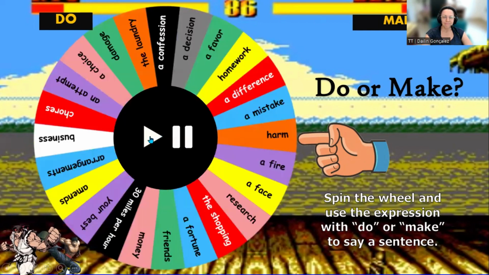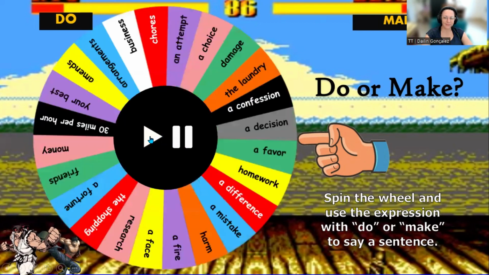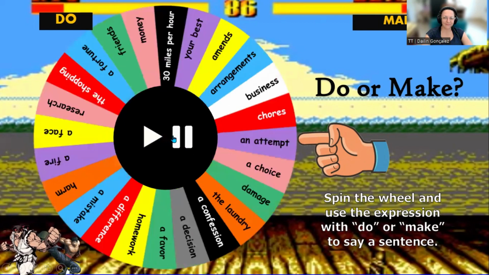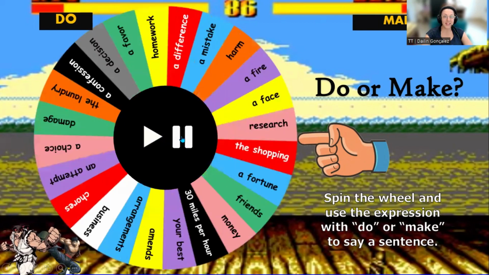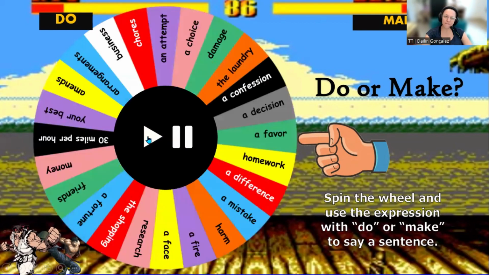Harm. And the last one now. Three, two, one. A favor. Don't forget to create your question and your answer.